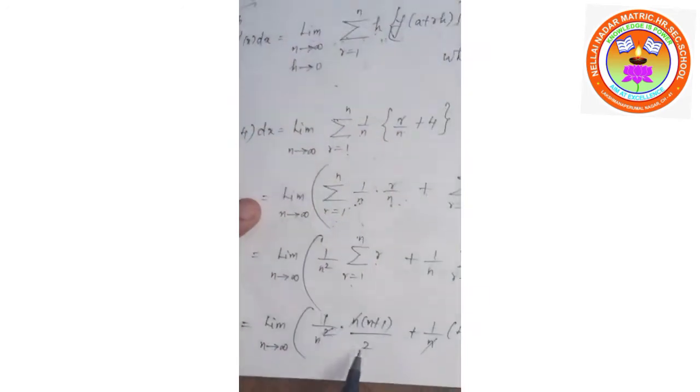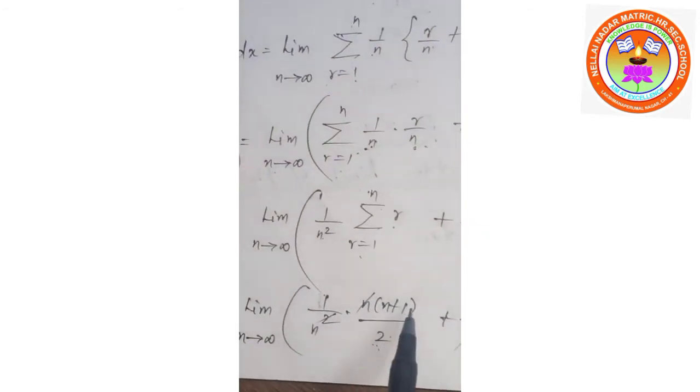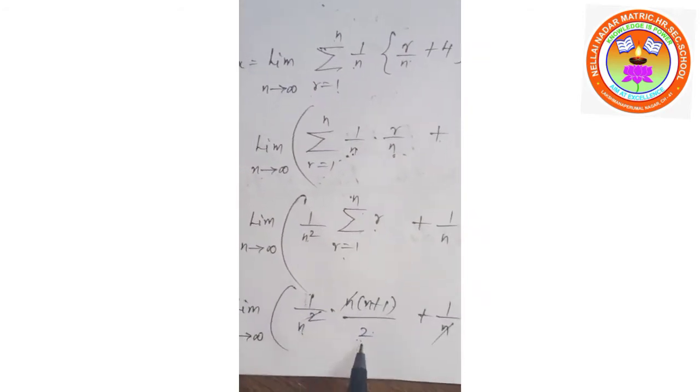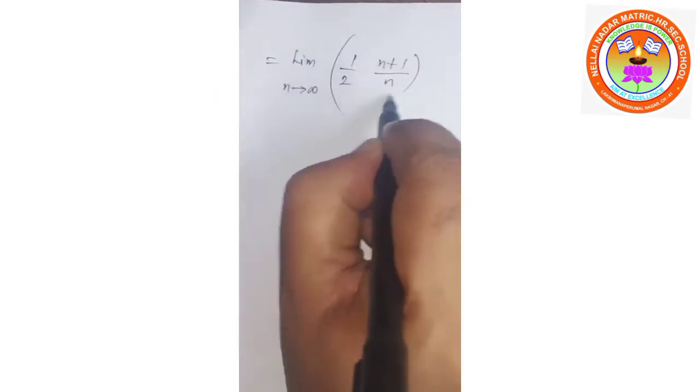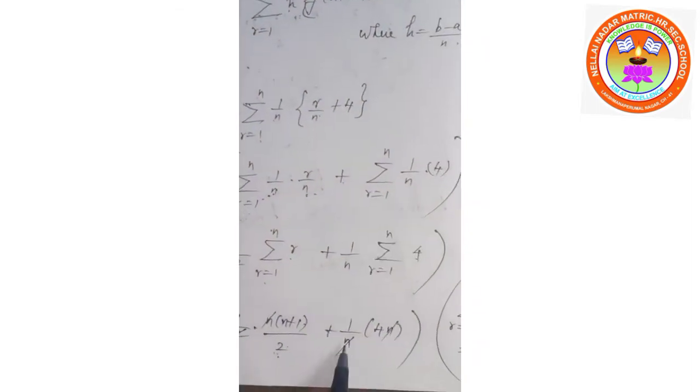Write the constant 1 by 2 first, 1 by 2 into n plus 1 by n plus. So n already cancelled. So 1 into 4, 4.